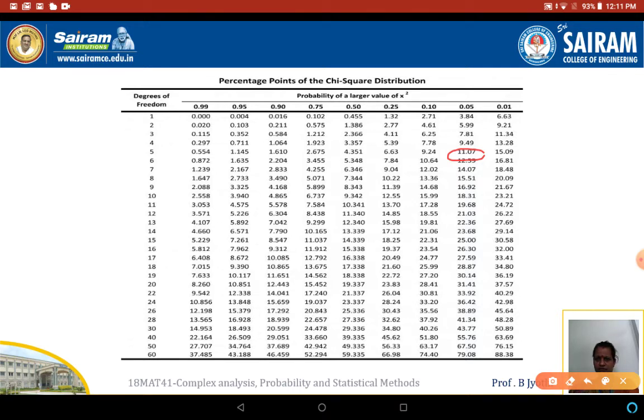That is 11.07 for 5 degrees of freedom at the 5% level of significance. Hope it's clear.